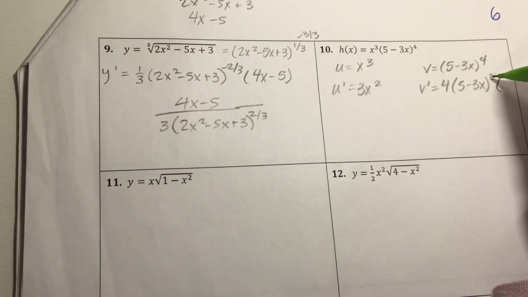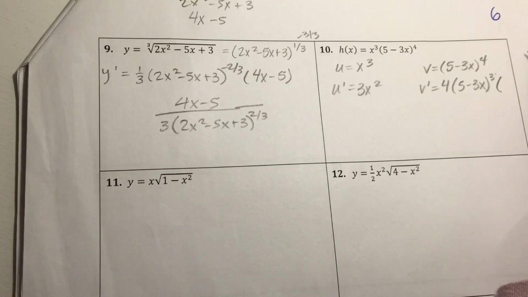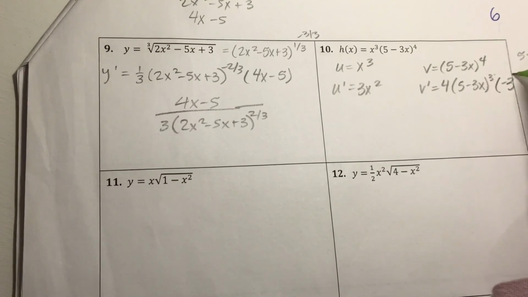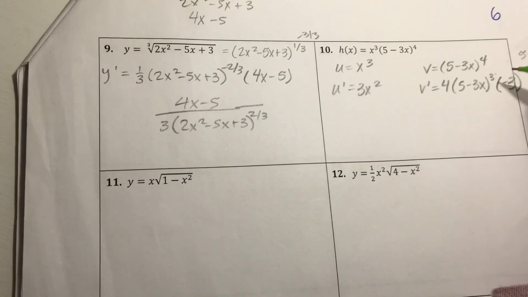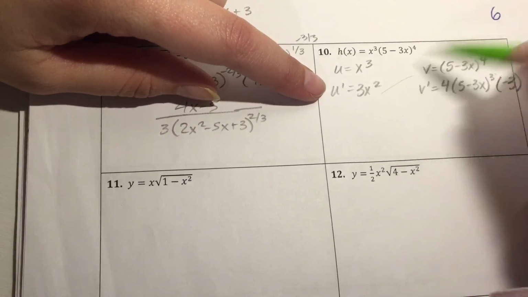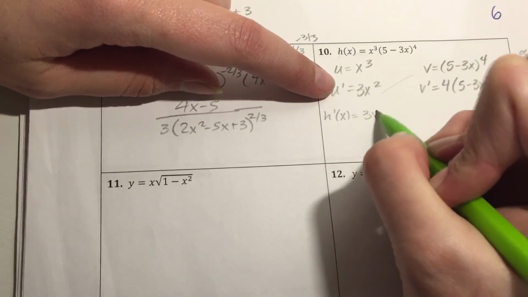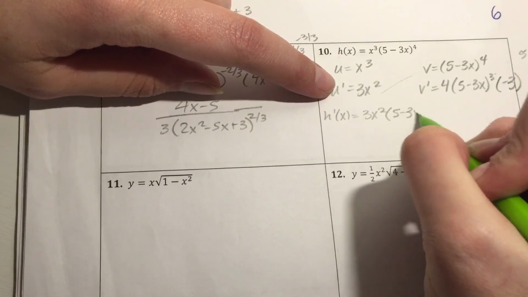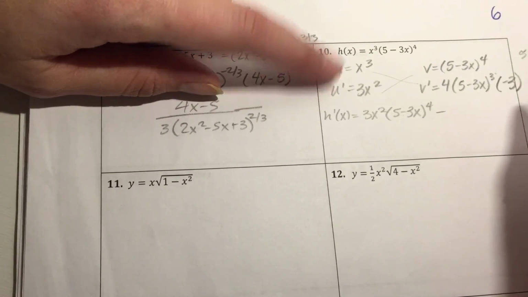And then this is, what? Oh, that's the derivative of the outside, keeping the inside the same, times the derivative of the inside. So it would just be -3. Okay? And then, so now u prime v minus v prime u.